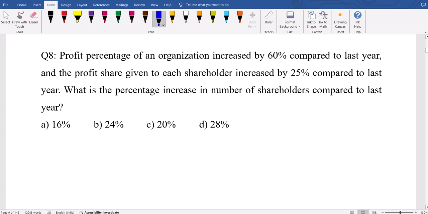Right. So let's see about this. Not profit. Profit percentage increased. What is your answer for this question?